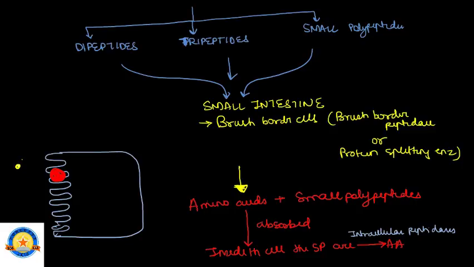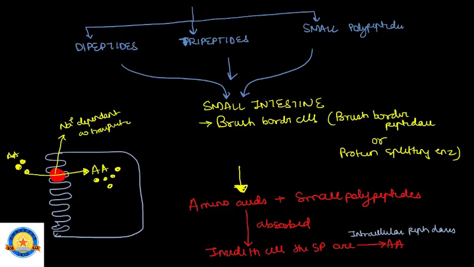This is my amino acid. This transporter is called a sodium dependent co-transporter. So this transporter will transport my amino acid inside the cell. Amino acid need not be digested anymore, no? Because it is the simplest form.